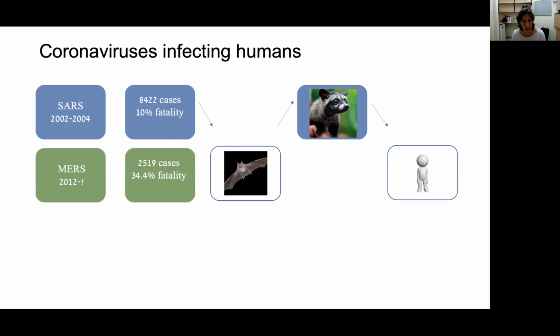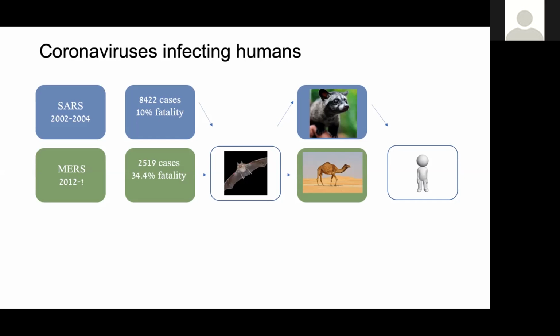We have 2,519 cases, and it causes more fatalities than SARS or the SARS-2 that we have now, 34.4%. The source is also thought to be bats, and the intermediate animal was identified as camels, which is why you can see most of these cases in Arab countries.